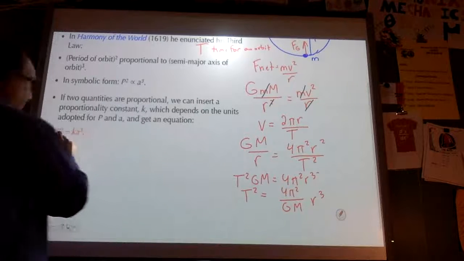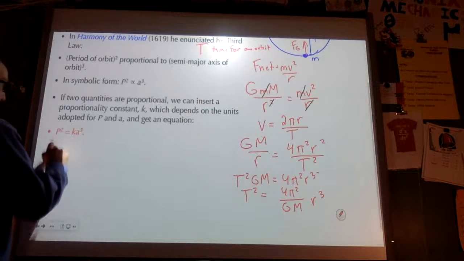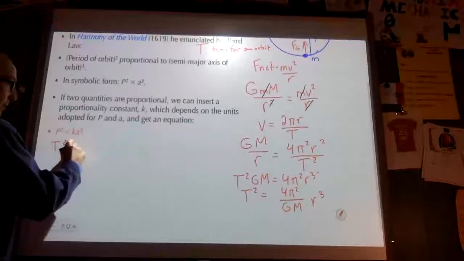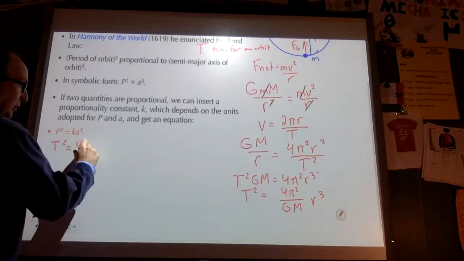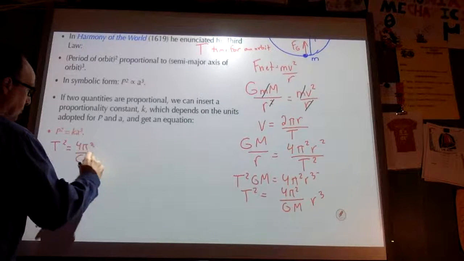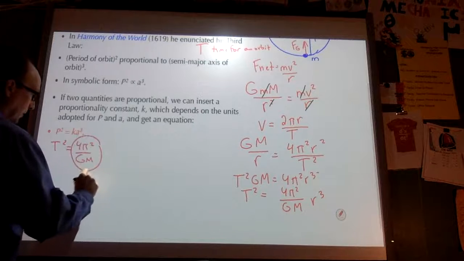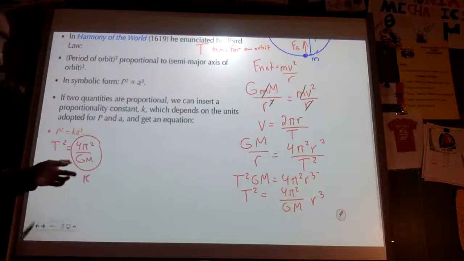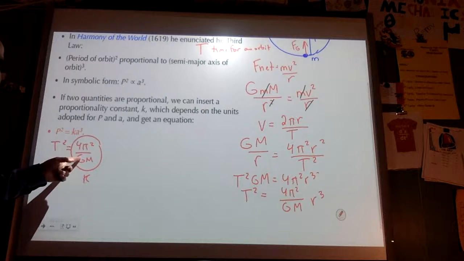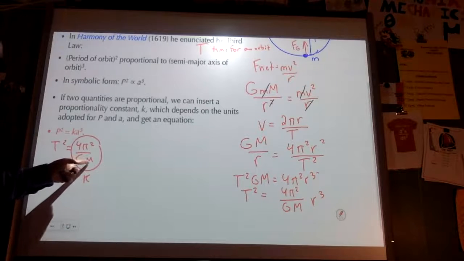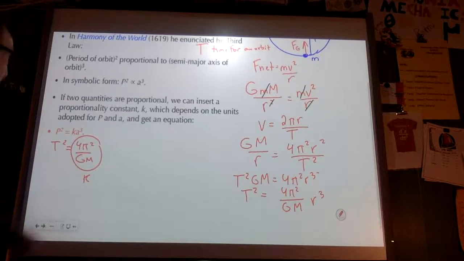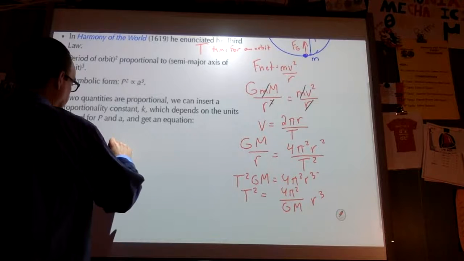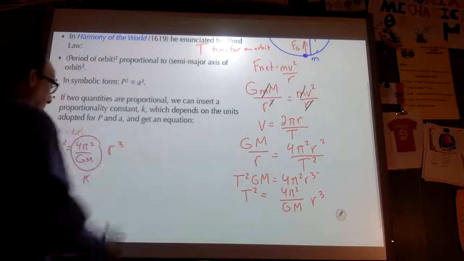Writing it below this one, I have that T squared is equal to 4 pi squared over GM, which is going to be a constant, right? If we're talking about the sun, 4 pi squared over the gravitational constant, 6.67 times 10 to the negative 11th, and the mass of the sun isn't going to change, and that's multiplied by r cubed.